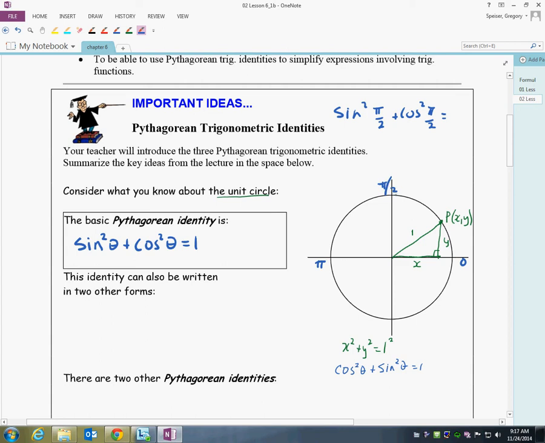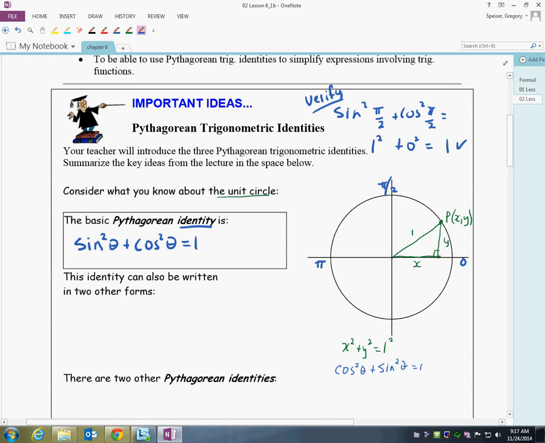And so the x value is equal to 0, the y value is equal to 1, so we would get sine of pi over 2 is 1, and since that's squared, we'd say 1 squared plus 0 squared is equal to 1. So that would be an example to verify it for 1 solution. So we know that it's true for at least 1. It's an identity because we know it's true for all values, not just the one that we picked. It's true for all of them.